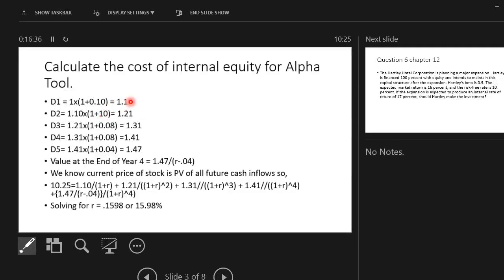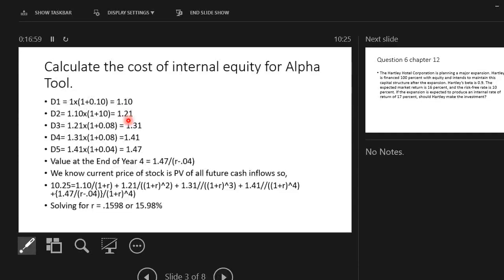So that's what I've just done here, just to make life easy for everyone. So now, remember, for D2, we are taking the latest, which is $1.10, multiplied by another 10% growth, and then we'll end up having $1.21.